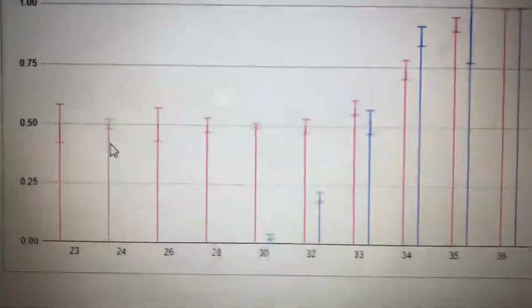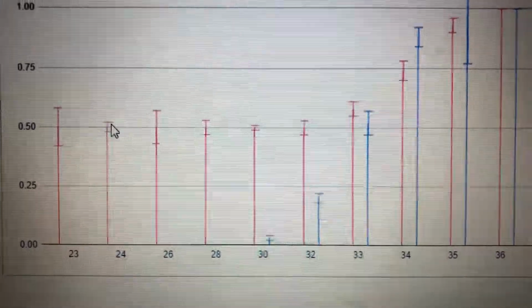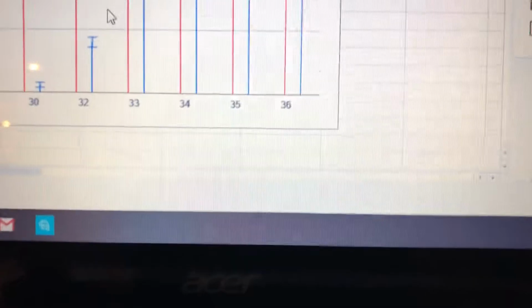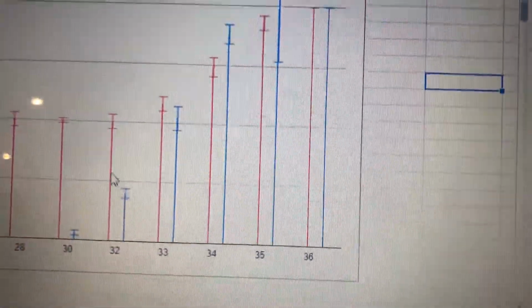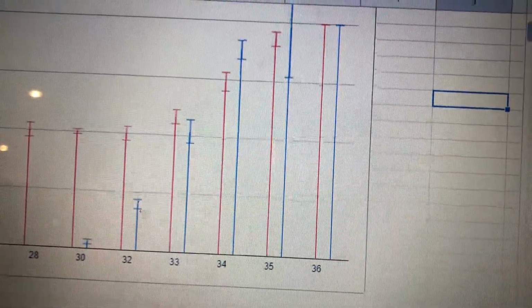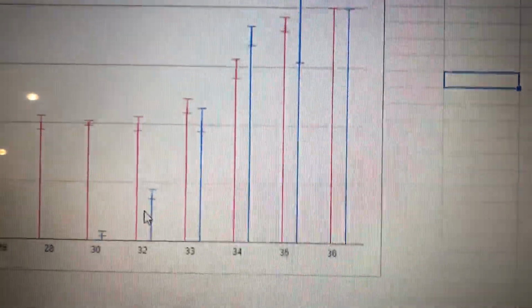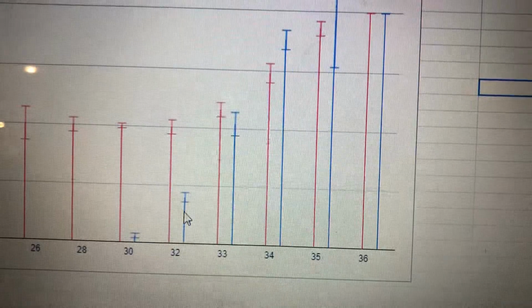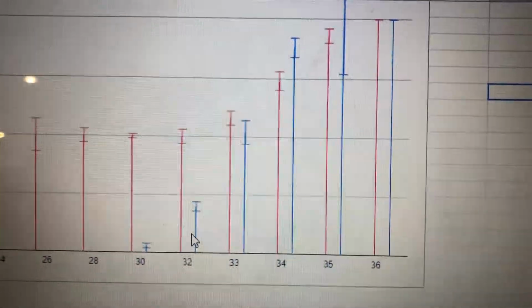So what we're looking for is overlap of these error bars. So let's look at the next one. What did it say? It said 32 degrees. So if we look at 32 degrees, these error bars don't overlap. So these are statistically different. So there is a difference between each group at 32 degrees.